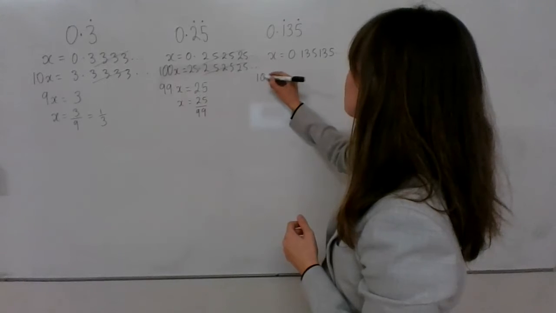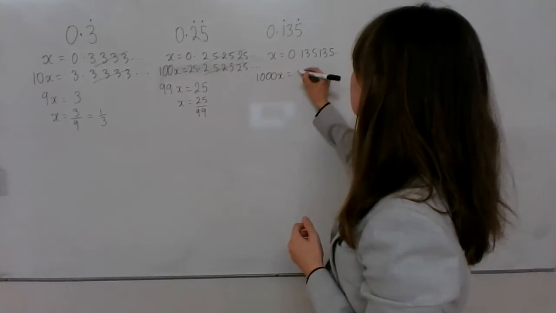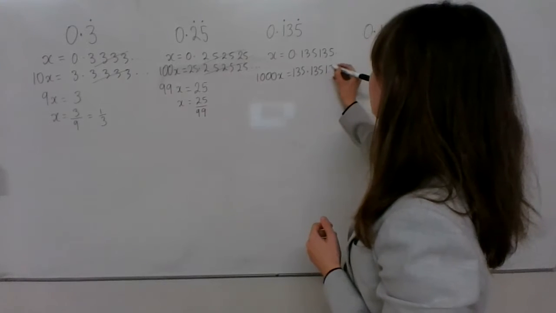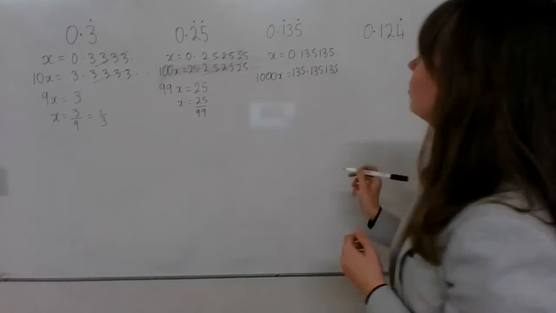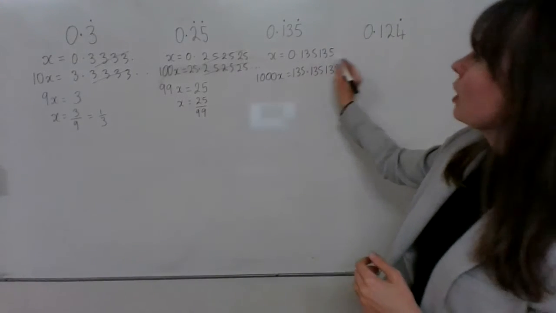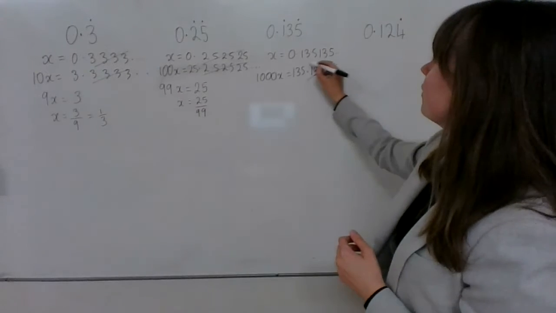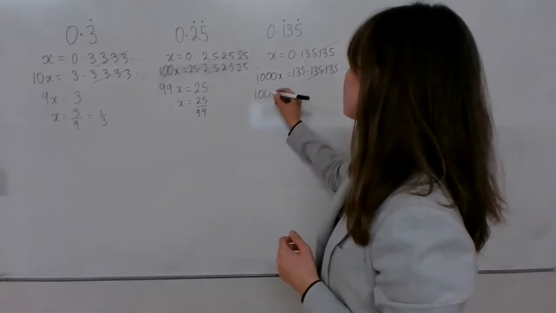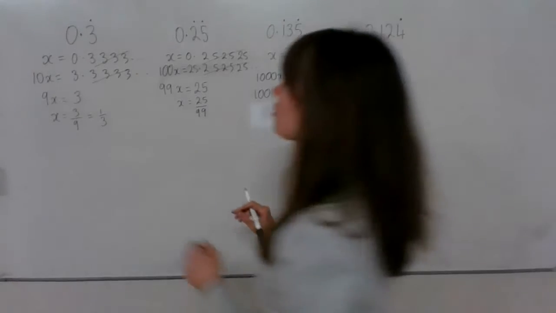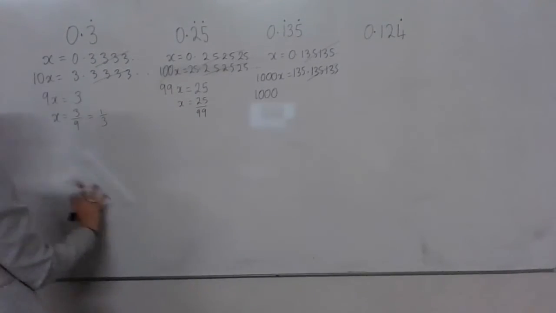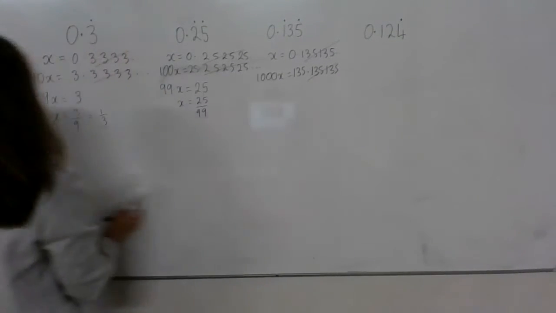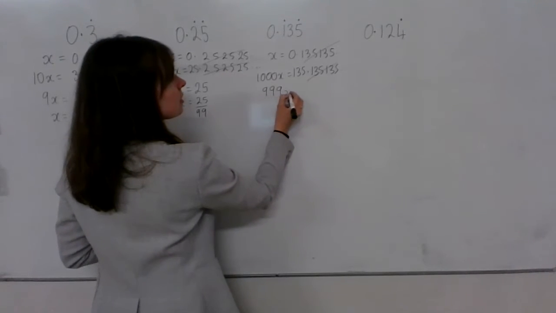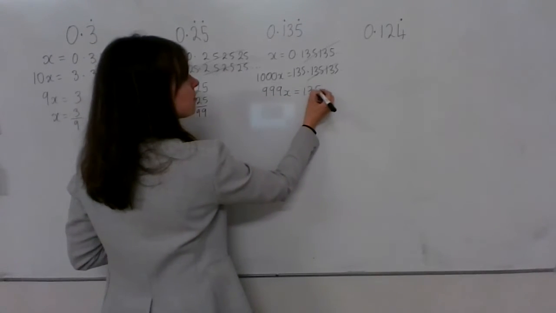So 1,000x equals 135.135135 and so on. Here, when I subtract, the 135's will cancel out, and I'll be left with 999x, not 1,000x, because we're subtracting 1x. So 999x equals 135.